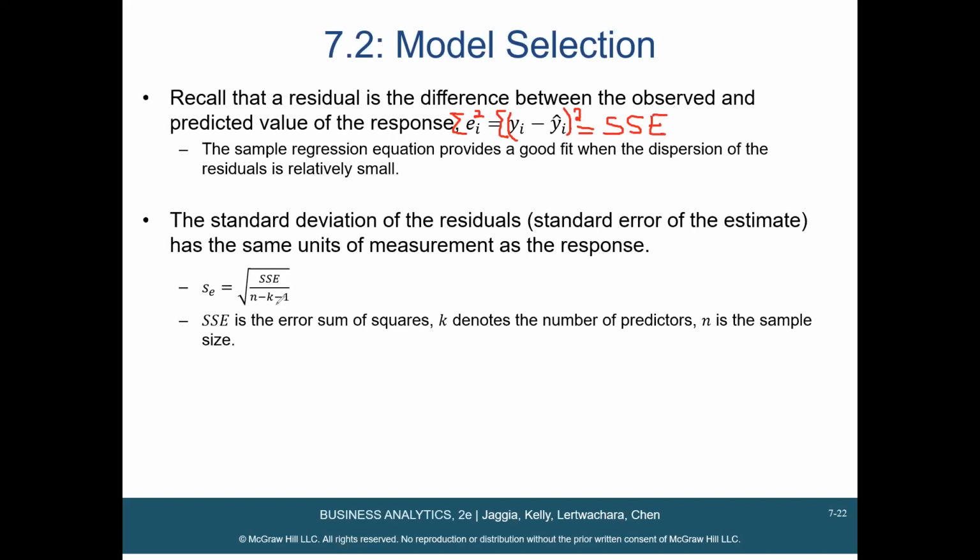Then we get the average of it, in a sense, by dividing by the degrees of freedom, and then we take the square root of that whole thing, so we have units that are back in the original units of Y. And the notation we've already been talking about, so I think you're good there.